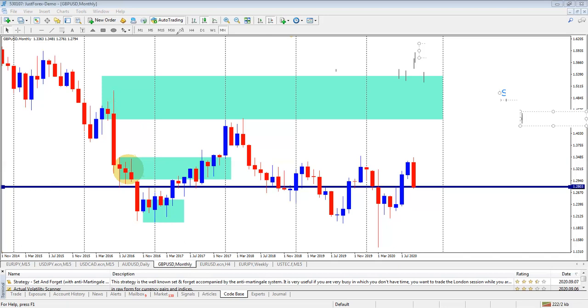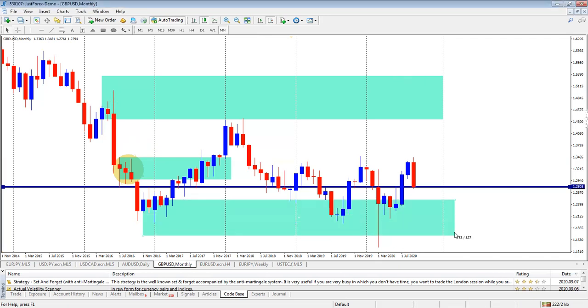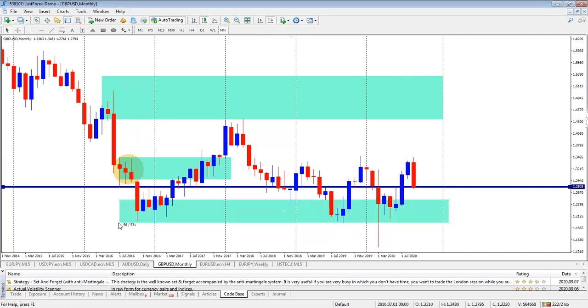We're going to go to the weekly quickly, up to the daily, and draw our next supply and demand. So we extend this to the future, Lwazi and Mr. Charles. This one is a tested area of demand, and this one is a broken area.